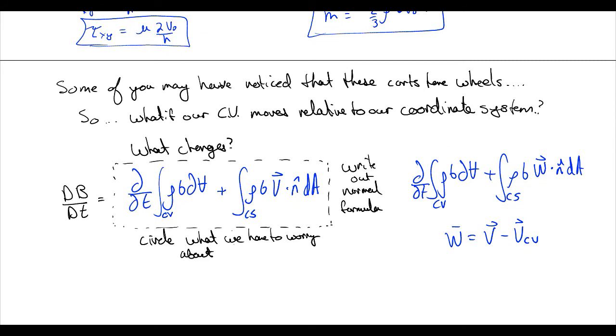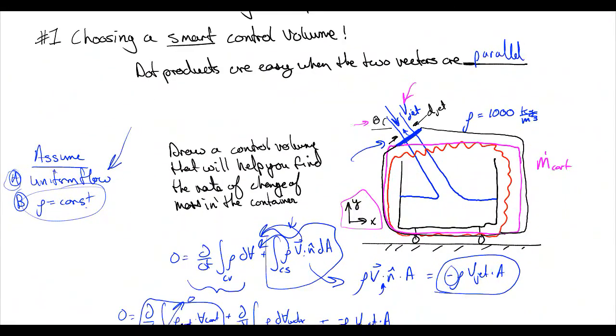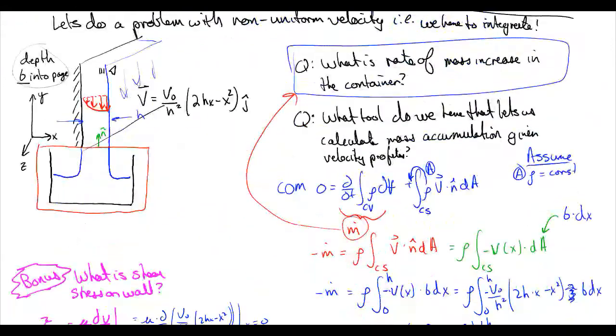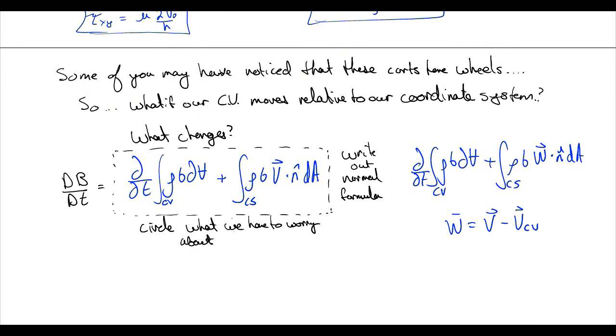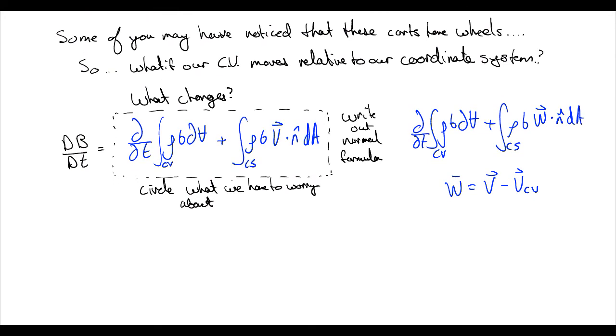So if you've been paying attention, you might have noticed that the carts that we drew a couple lectures ago, here it is, have wheels, which means that our cart can move, and if we draw our control volume around our cart, we're going to want our control volume to move as well. So what happens if our control volume moves relative to our coordinate system?